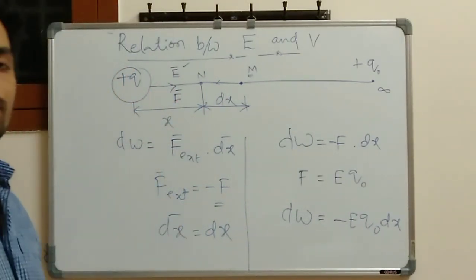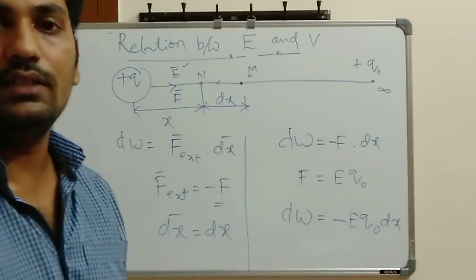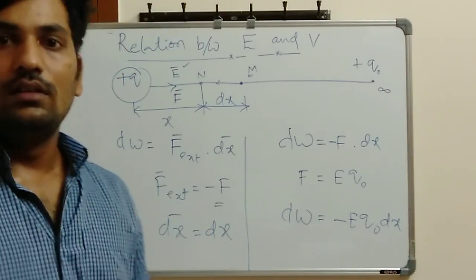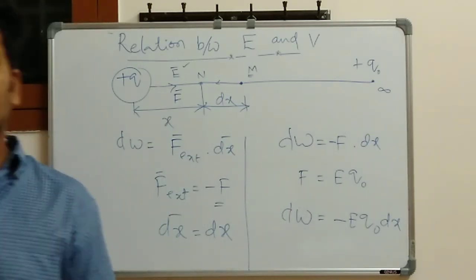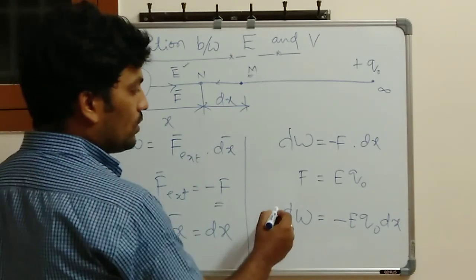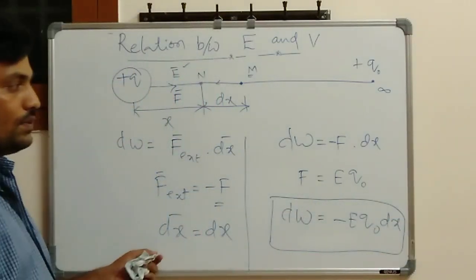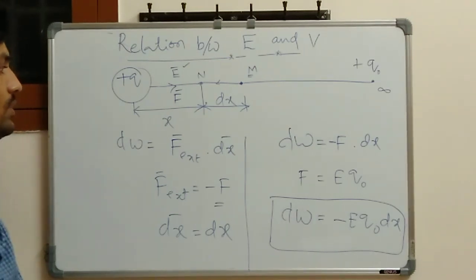If you want to take the notes, you have to pause the video and you can take the notes. From this equation only I am going to make the next step here.